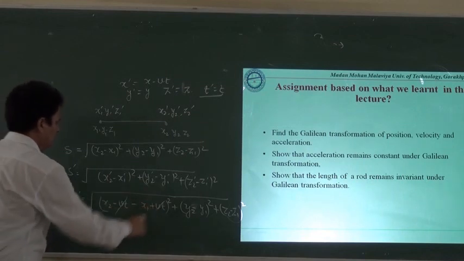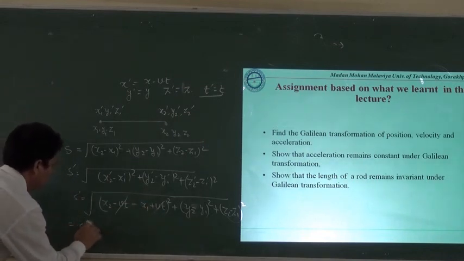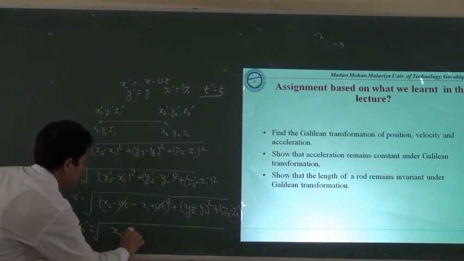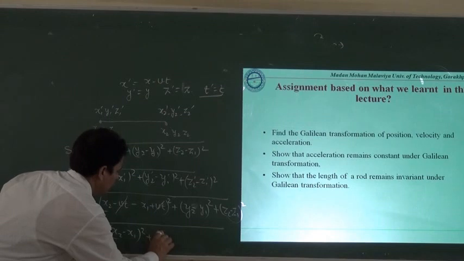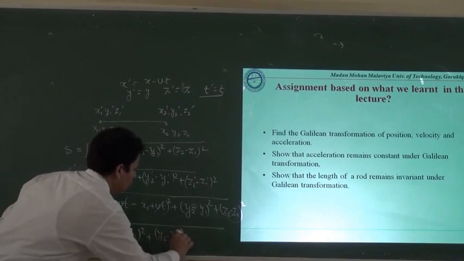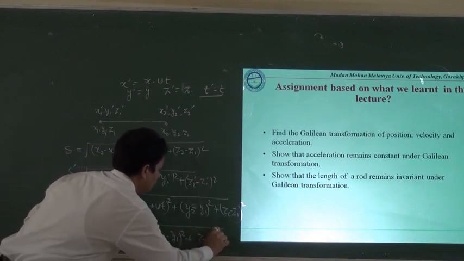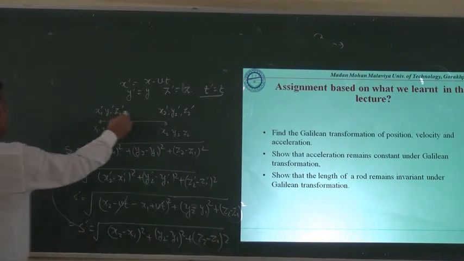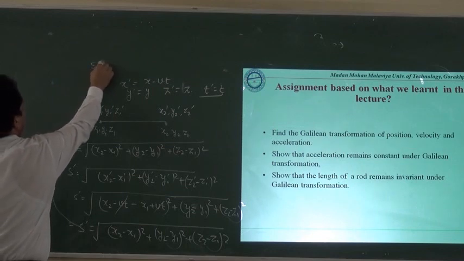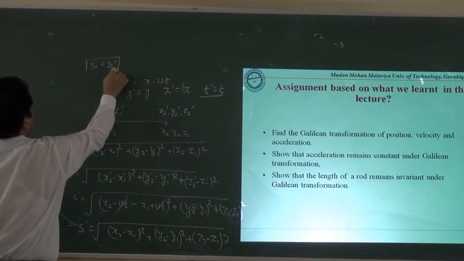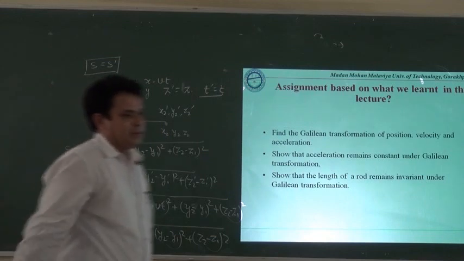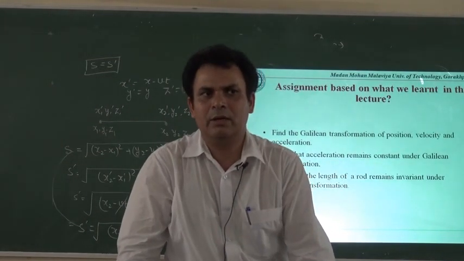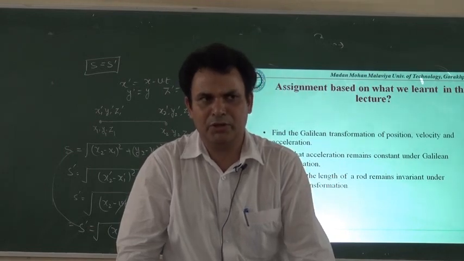Here the vt terms will cancel out, and finally we have s dash equal to the square root of (x2 minus x1) whole square plus (y2 minus y1) whole square plus (z2 minus z1) whole square. This expression is exactly the same as s, and finally we can conclude that s dash is equal to s, meaning that the length of a rod remains invariant under the Galilean transformation.